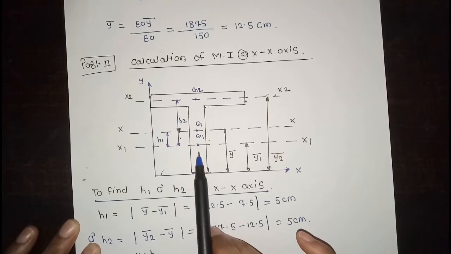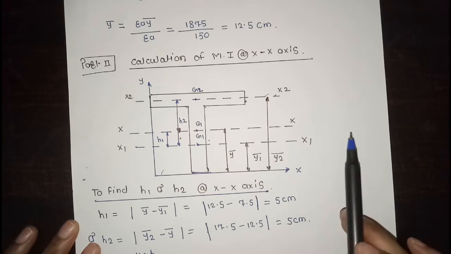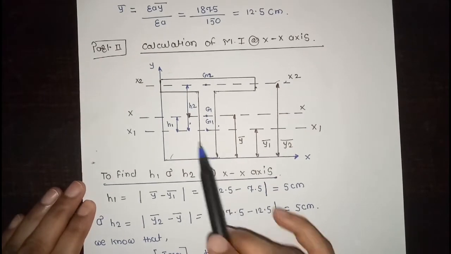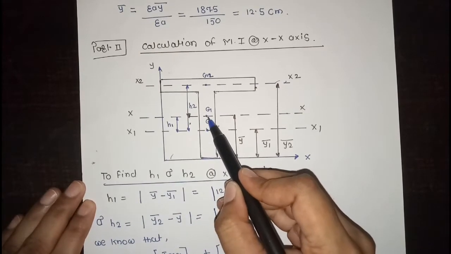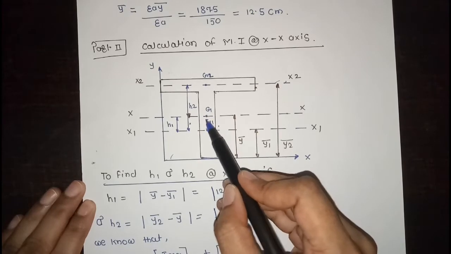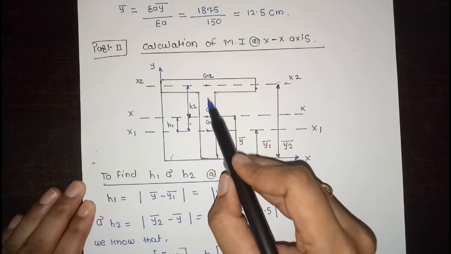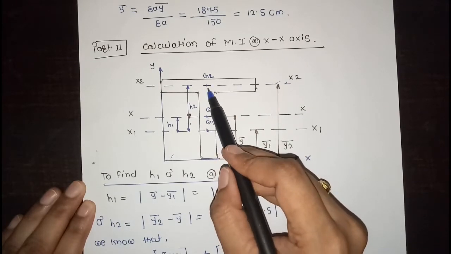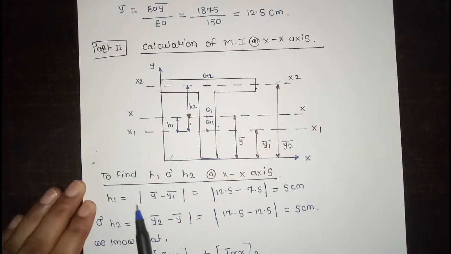And this is G1 passing through the axis x1. To find H1 and H2, see here the distance from point G to G1 is H1, and the distance from point G to G2 is H2. So H1 is equal to Y bar minus Y1 bar.